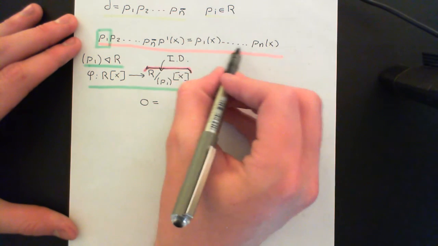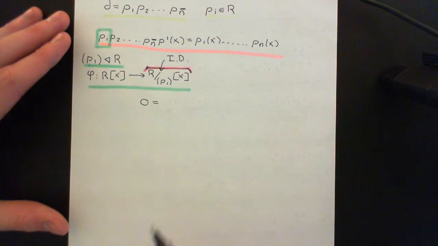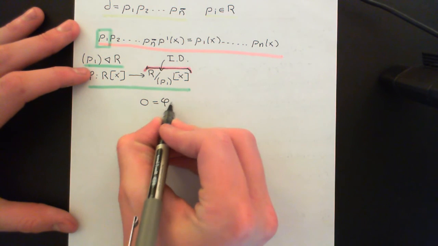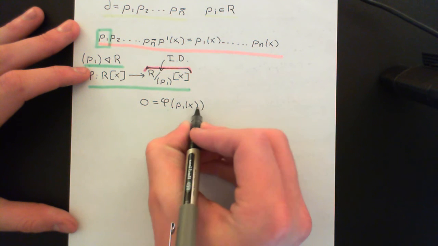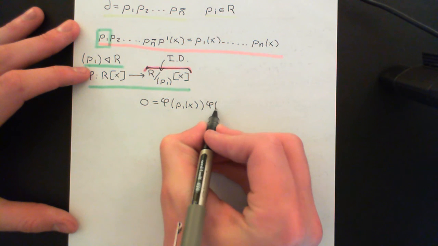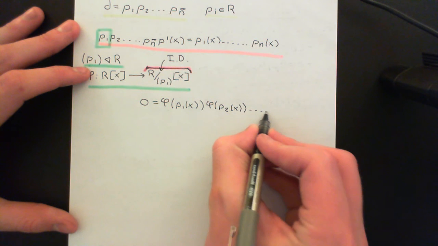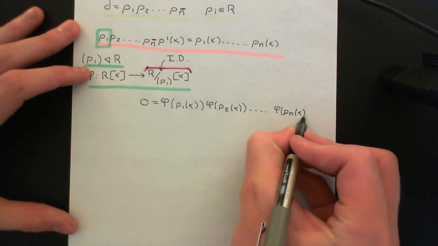Now, what happens to the right-hand side? Well, we can say much less about the right-hand side. What we can say is that we've got phi of this great big product, and because phi is a ring homomorphism, we can split this into phi of P1 of x times phi of P2 of x times all the way up to phi of Pn of x, like so.